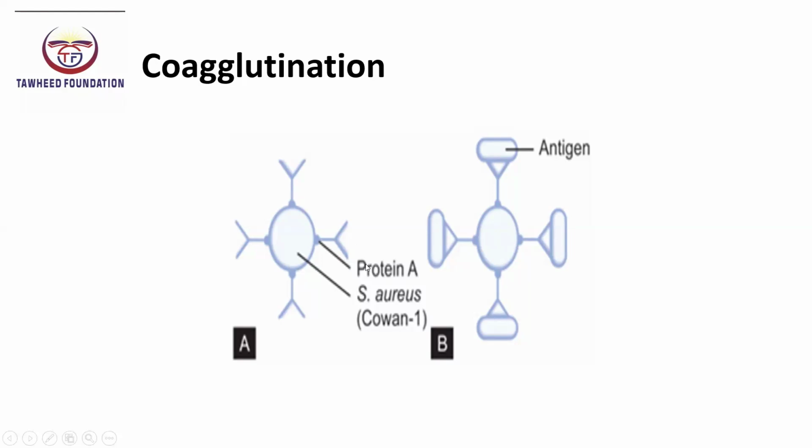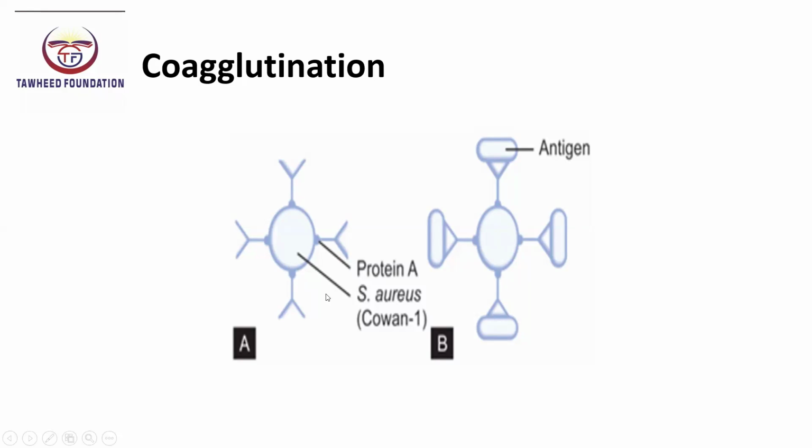These antibody-coated bacteria now act as visible carriers, like tiny markers, which can interact with specific antigens in a test sample. So the antibodies are immobilized on the bacteria, and the bacteria themselves become part of the visible lattice when agglutination occurs.